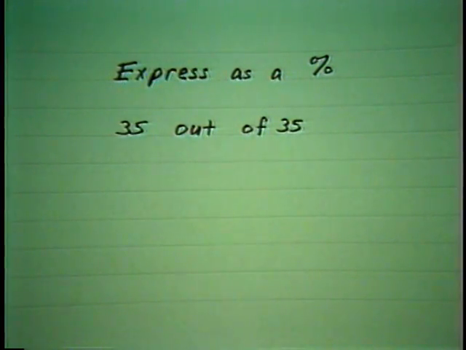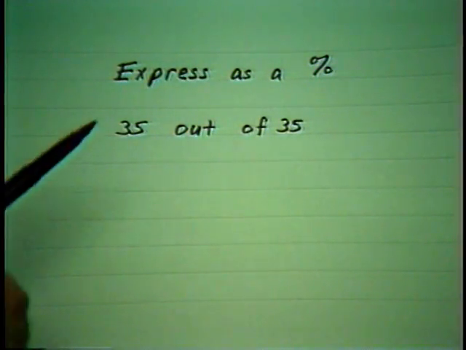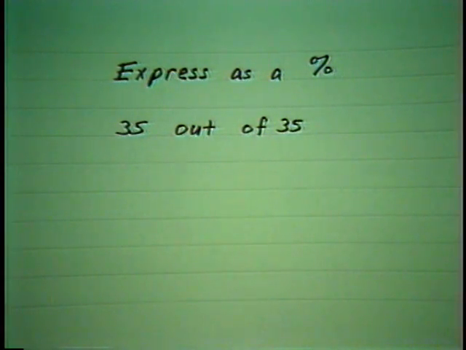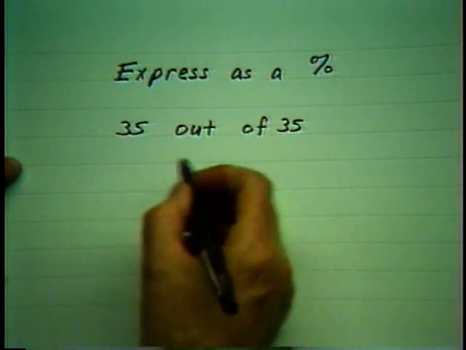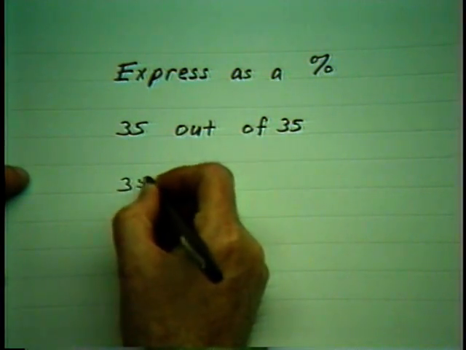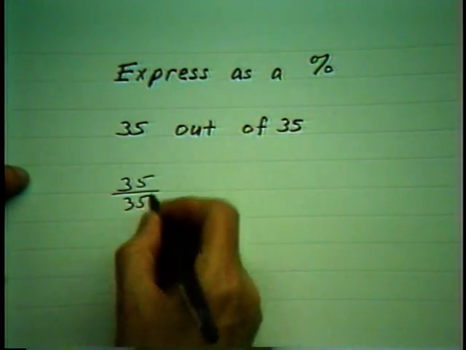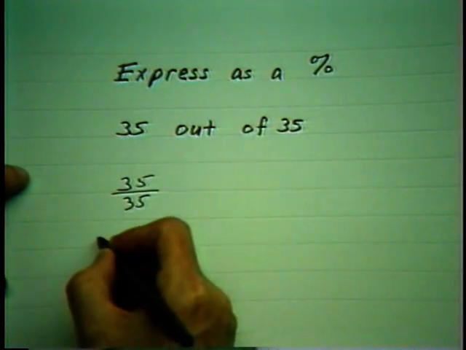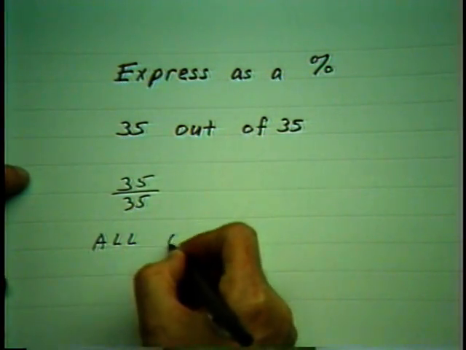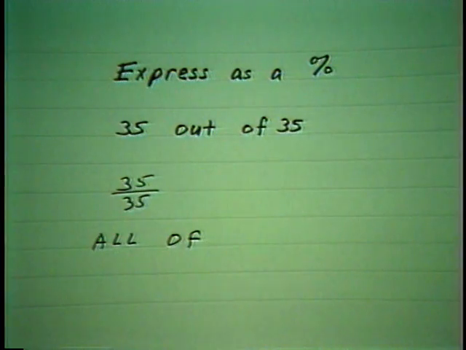Now sometimes certain symbols or certain statements are so simple, the simplicity itself can fool you a bit. 35 out of 35, which is another way of saying, of course, all of.